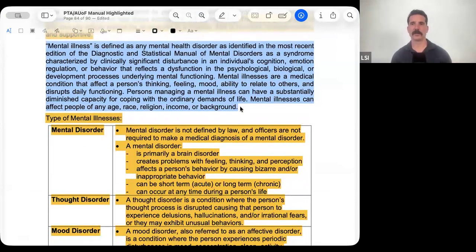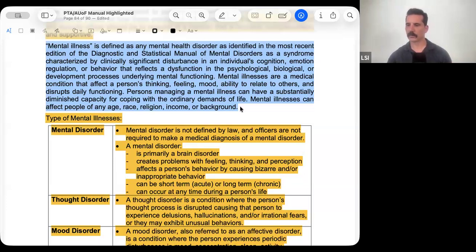Mental illness is defined as any mental health disorder, as identified in the most recent edition of the Diagnostic and Statistical Manual of Mental Disorders, as a syndrome characterized by clinically significant disturbance in an individual's cognition, emotion regulation, or behavior that reflects a dysfunction in the psychological, biological, or developmental processes underlying mental functioning.